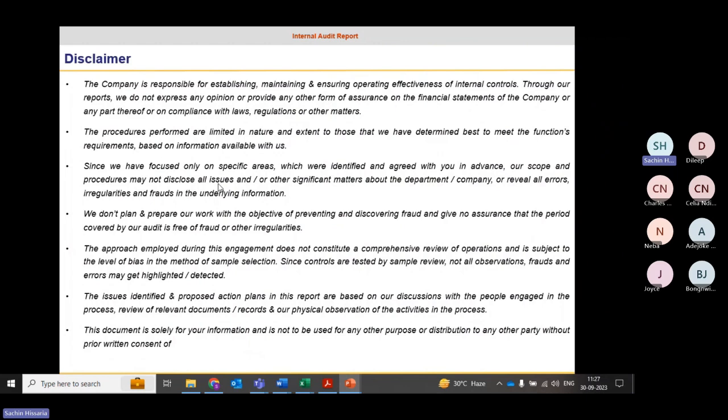Now let's read that disclaimer as well and tell me which pointer is talking about an audit risk.